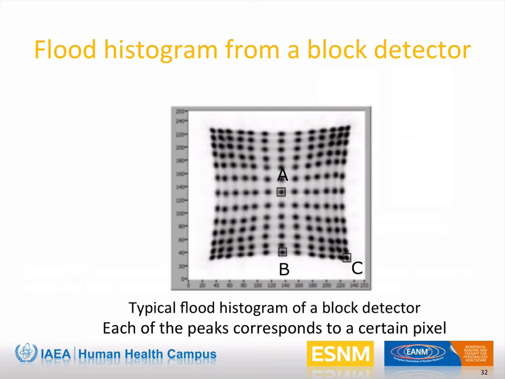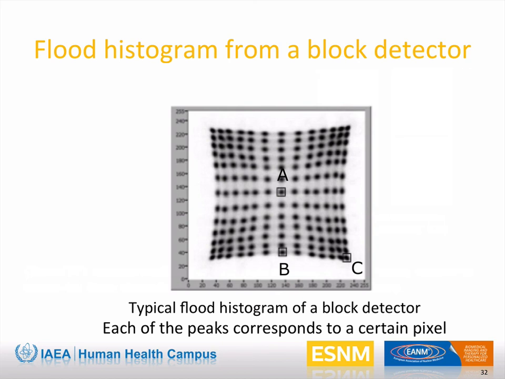X and Y, as obtained by the formula shown in the previous slide, are then the coordinates in the PMT space and are usually stored in a 2D histogram, usually called flood histogram, that, when obtained accumulating enough events, results in a series of peaks, each corresponding to a certain pixel.